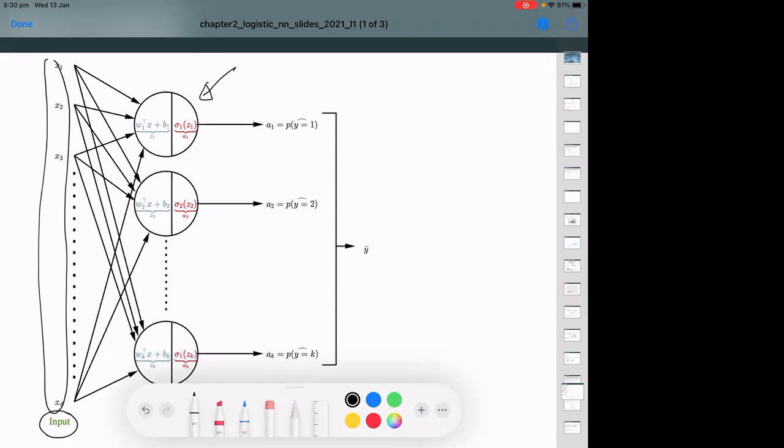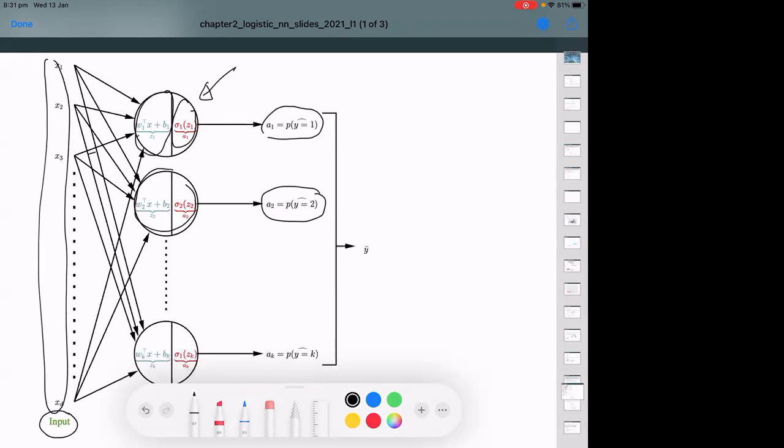So we have K neurons, and all the arrows going to the first neuron give the linear part with a specific bias and an activation. This gives the probability to be in class 1. The second neuron gives the probability to be in class 2.